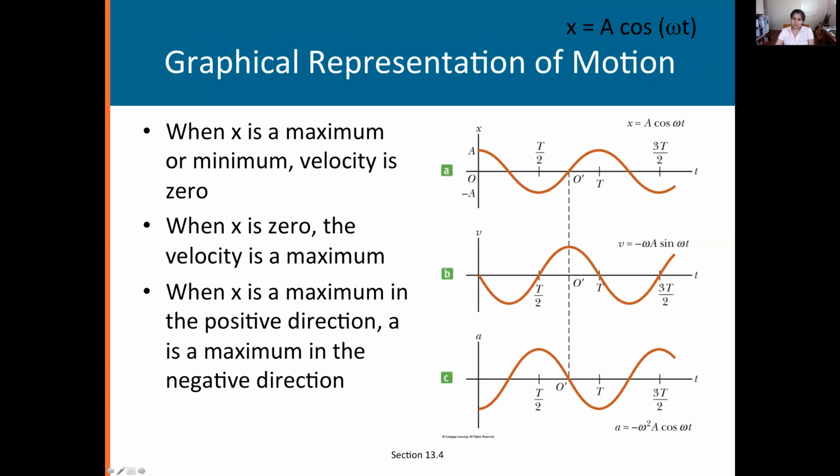And we saw these graphs before. This is my position time graph, just repeated here. This is the velocity time graph.